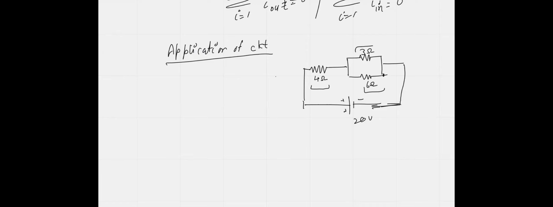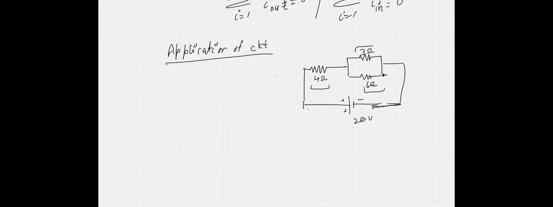So the current through 4 ohms is 3.3 amperes. For 3, how much, Kirtan? Yes, sir.